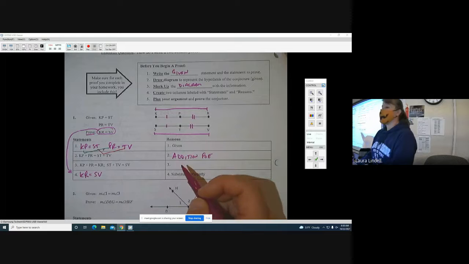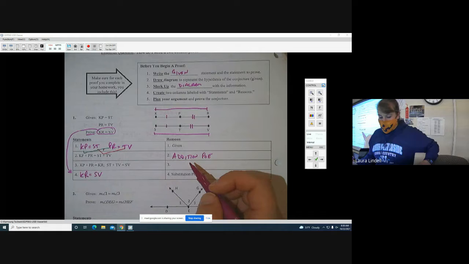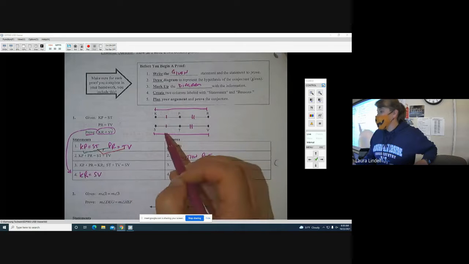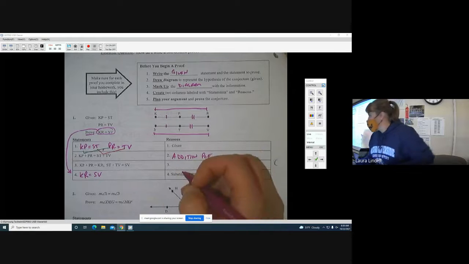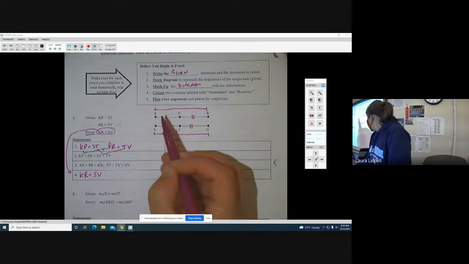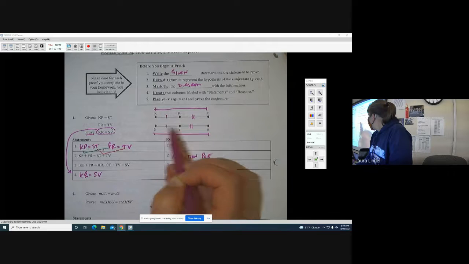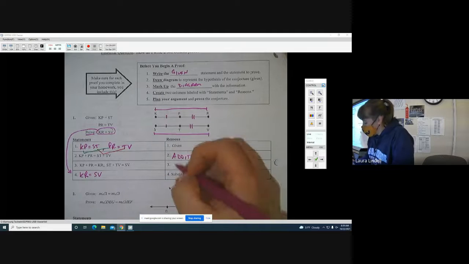Step 3, though, is what you were thinking. KP plus PR equals KR, ST plus TV equals SV. What does that one look like? Segment addition is that one. Because we have KP plus PR equals the whole thing KR. ST plus TV equals the whole thing SV. So that one is segment addition.